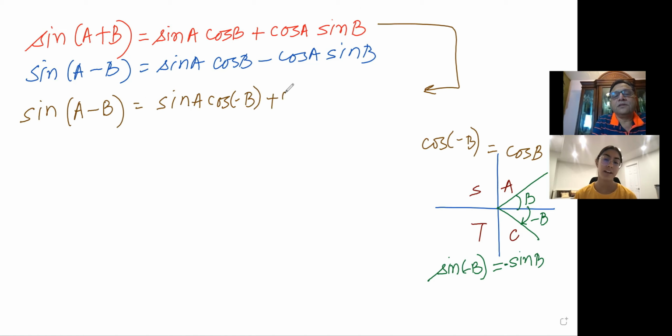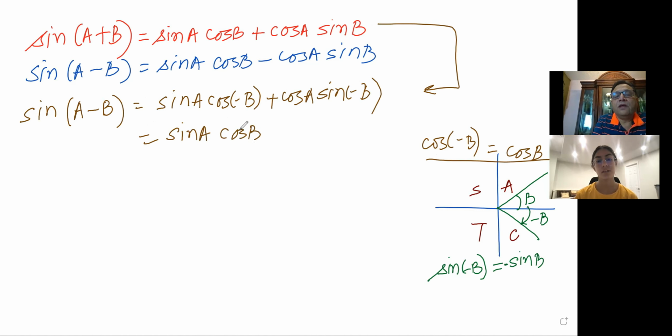We know that cos is an even function, and therefore cos of minus b is the same as cos b. So the first term remains as such, sine a cos b, and here sine minus b becomes negative sine b, and therefore this sign changes. Does it make sense to you?